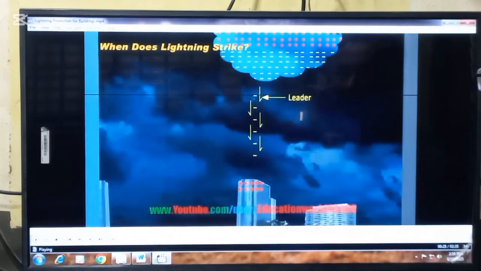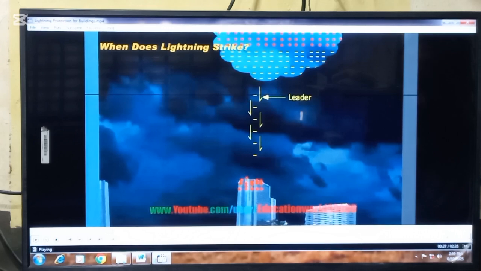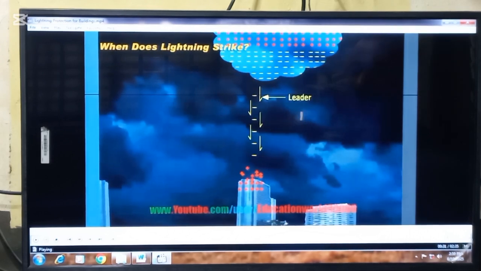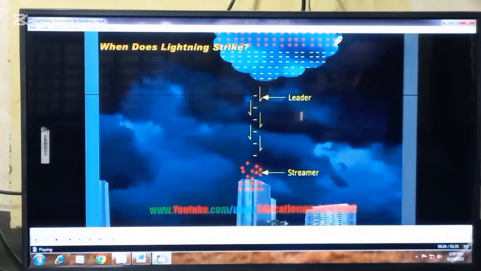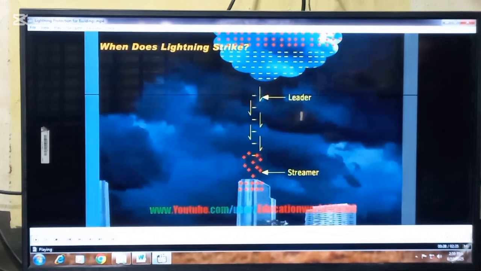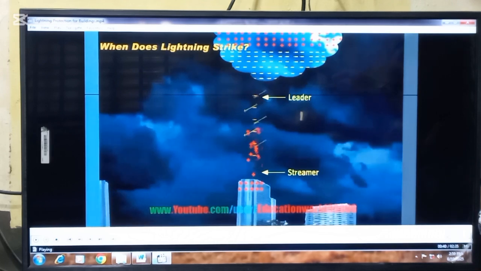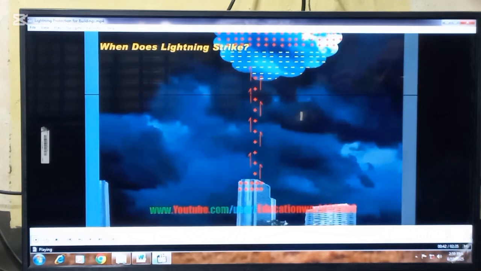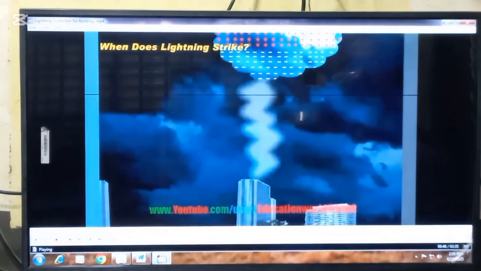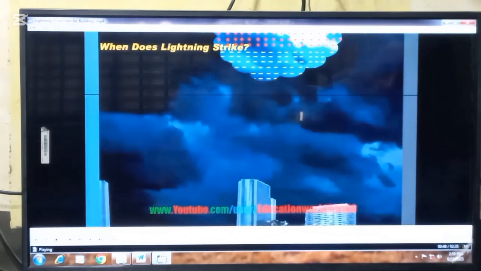The leaders attract other channels of charged air created by protons on the ground. These charged ground-based channels are called streamers. When the stepped leader from the cloud meets a streamer from the ground, a conductive path is created. An electrical current called the return stroke travels from the ground to the thundercloud.